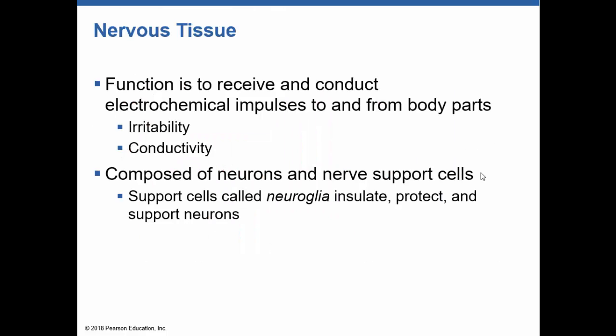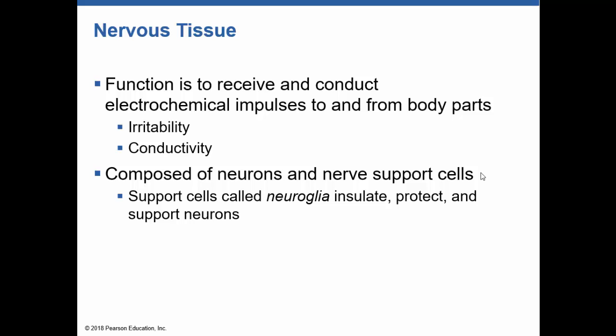Then we get to the nervous tissue, and nervous tissue is connected to your nervous system. So the whole function is to receive and conduct electrical impulses to other parts of the body. They have irritability, they have conductivity, which means that there's an ability to recognize what's going on around them. Some stimulus will make them respond.